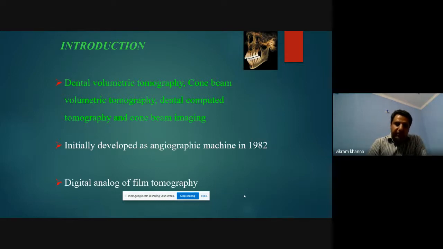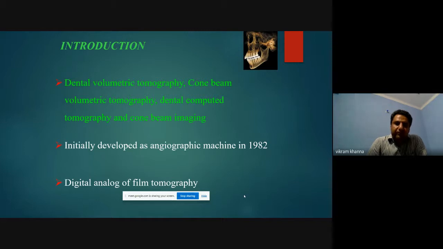When it was first introduced in 1982, it was preferred as an angiographic machine. Why have they given the name dental volumetric tomography? Because at that time it was the only machine which could take a volume of a small area. The FOV, which is called field of view, was very small.